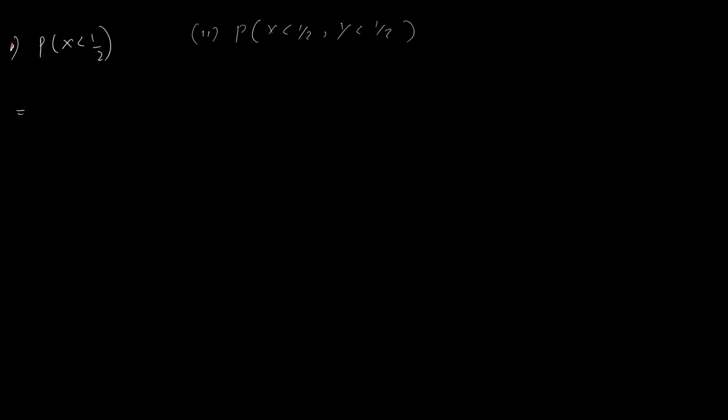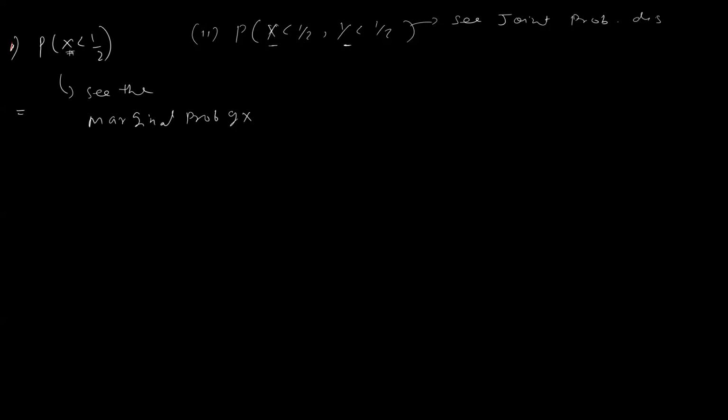Now you see here, in the second you have both x and y given. So to answer this question, see the joint probability distribution. But in the first case, only x is there. So either x is there or y is there. You have to only see the marginal probability of x to answer this question, because y is not in the picture.